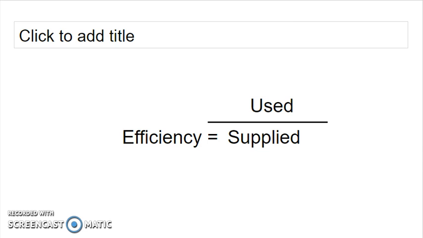If we had two different bikes, one with the rusted chain and one with the greased up chain, and we put the same amount of energy into trying to ride both bikes, the greased up chain, the amount of energy we put in is going to take us farther. So that's a more efficient bike. Whereas if we had the rusted chain, it is less efficient, or it's not going to take us as far. So let's look at some examples using this idea of efficiency, how well energy or power can be transferred from something supplied to being used.